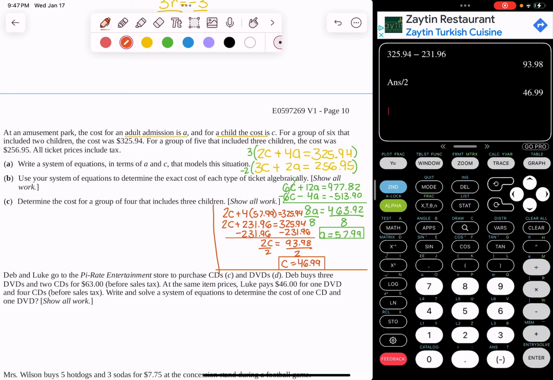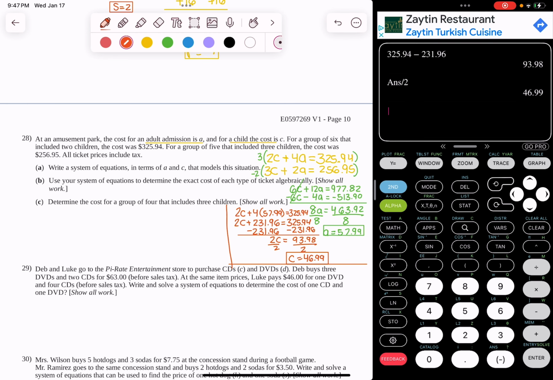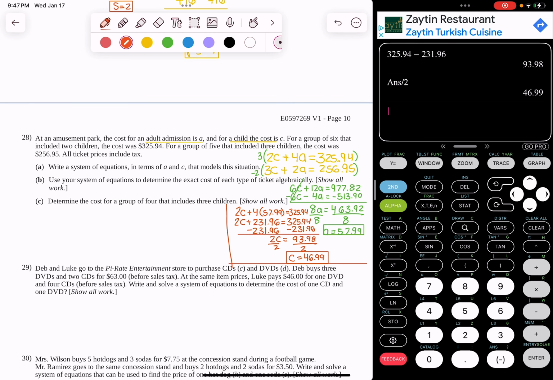All right, now let's look at question C. Determine the cost for a group of four that includes 3 children. Well, 3 children would be 3 times the children price of $46.99. That would be $140.97.